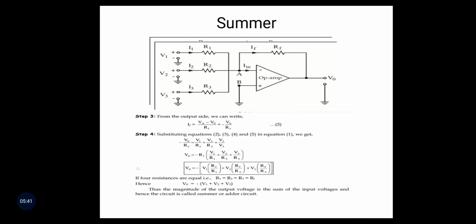From the output side, the current flowing is IF. IF equals (VA minus V0) by RF, which equals minus V0 by RF.